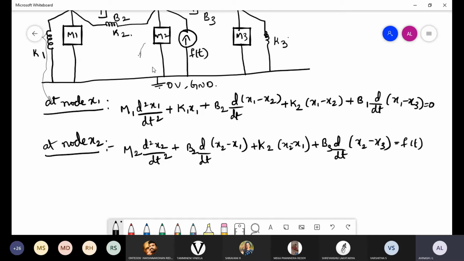Why? Because here f of t is connected to node 2, it is x2. So this is the equation you are going to get.